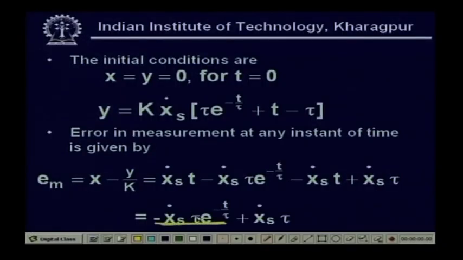So, this will become almost 0 for some value, and as the time grows, this will become insignificant and the other will be predominant. That is the reason we got this characteristic. So, error is initially very small and as time goes we have a steady state error, which is x s dot into tau.